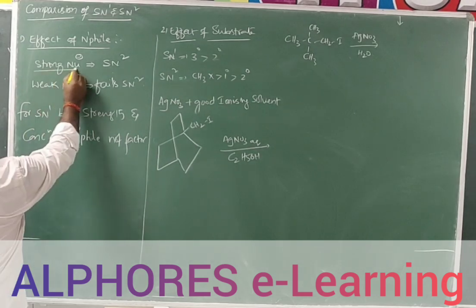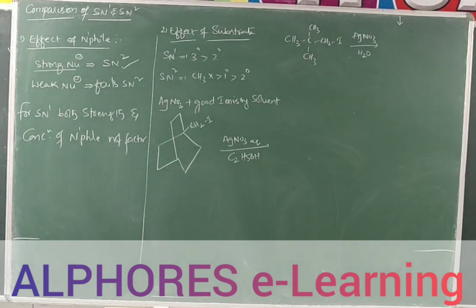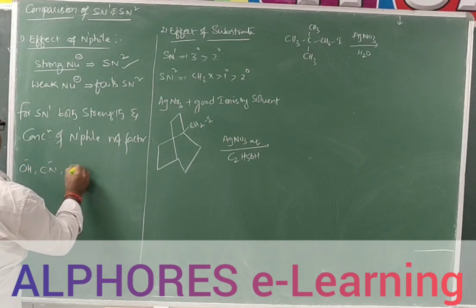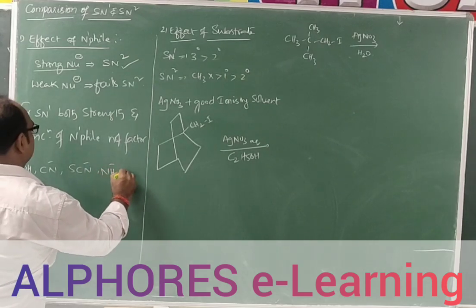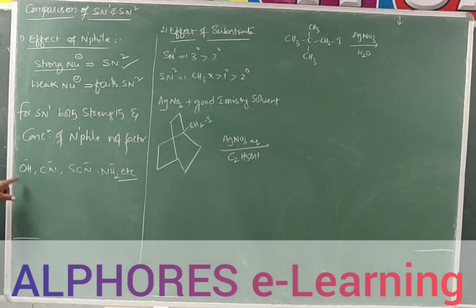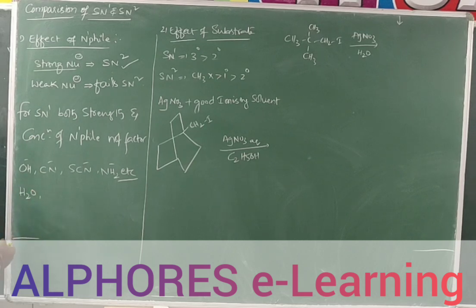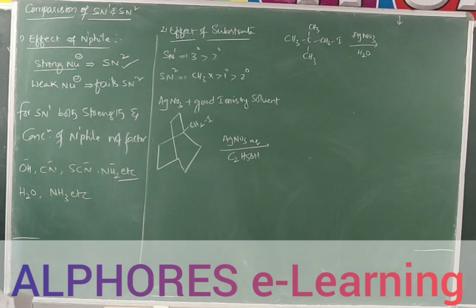Strong nucleophiles like OH minus, CN minus, SCN minus, NH2 minus obviously favor SN2, whereas weak nucleophiles like H2O, NH3, such neutral nucleophiles, fail to give SN2.